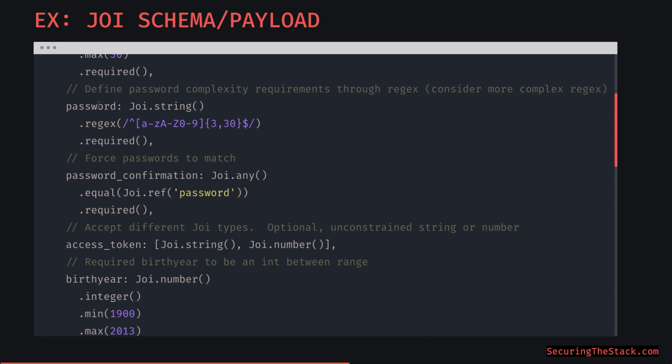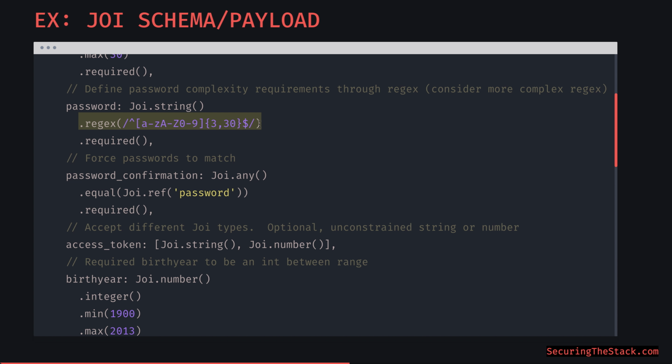Here's another cool item you can do with Joi: defining password complexity requirements through a regular expression. Now, this regular expression is not sufficient for a truly complex, secure password, but you can easily find those online. I'm also going to provide some other ideas of sufficiently complex regular expressions in the notes at the end of this tutorial series.